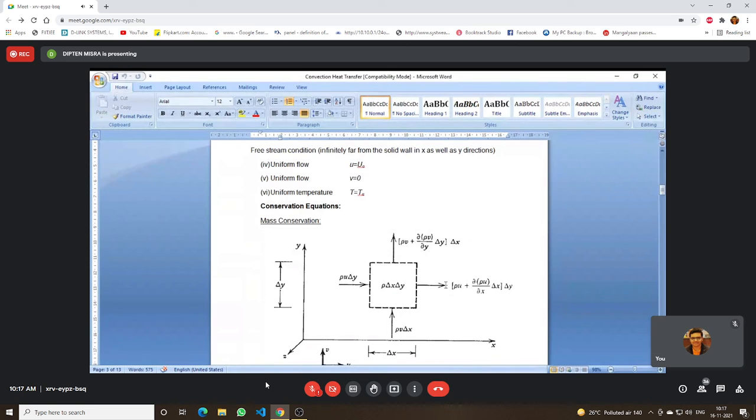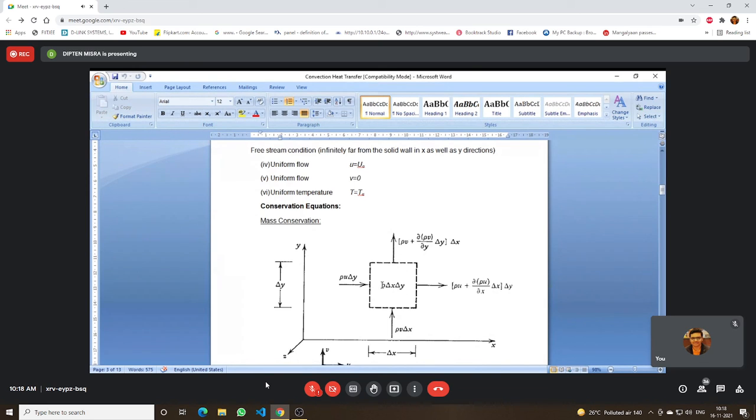The rate of mass outflow from this space is rho u plus del x of rho u into delta x, whole into area delta y into 1. So these are the mass inflow and outflow quantities, and because of this mismatch, there may be an accumulation of mass.